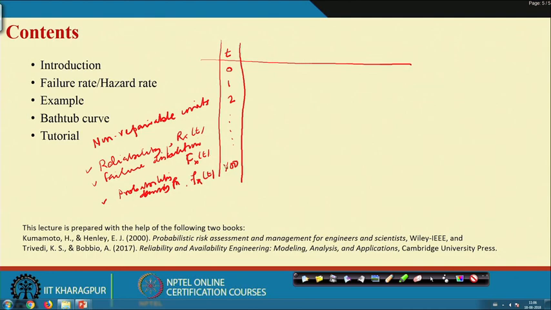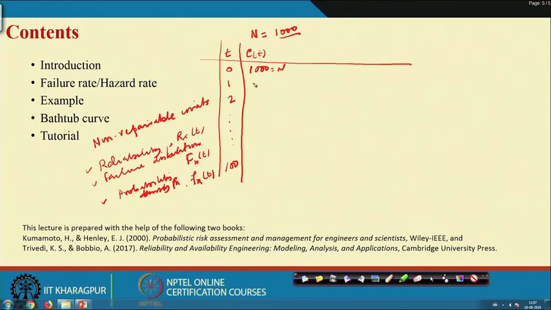Then suppose you are conducting an experiment where you put n identical units into operation, say n equals 1000, and you find out the number of items surviving after each time interval. For example, at t equal to 0, if C(t) is the survival units, then here it will be n, which is 1000.